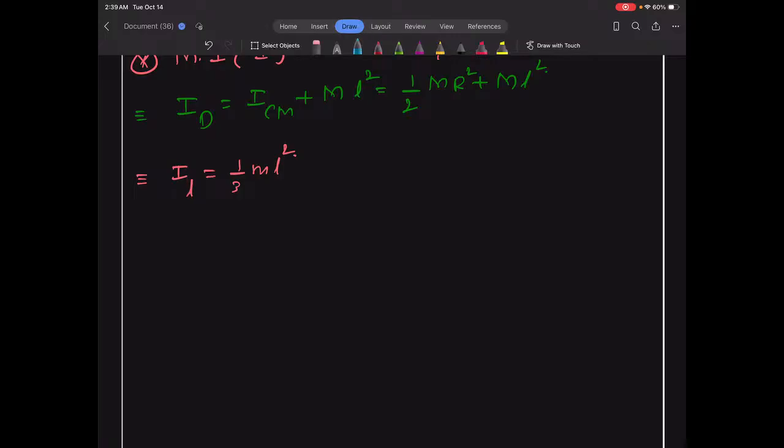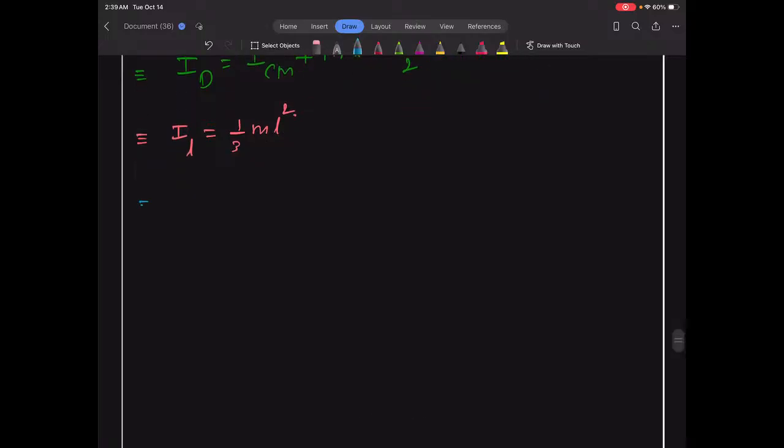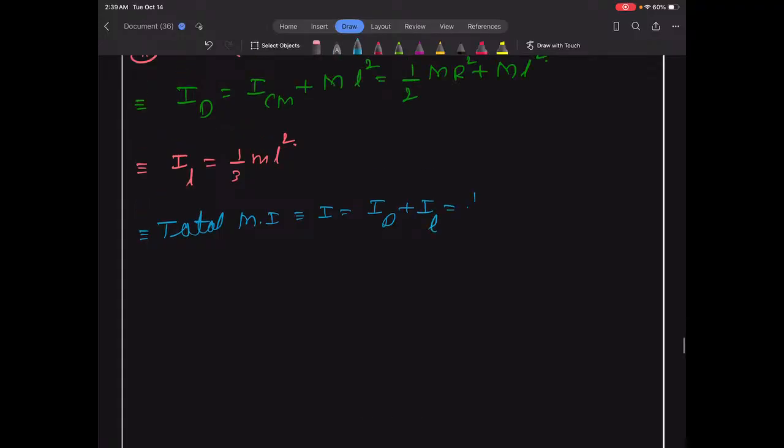Therefore our total moment of inertia I is equal to disk plus rod. The disk is half M R square, plus M L square plus 1 by 3 small m L square.